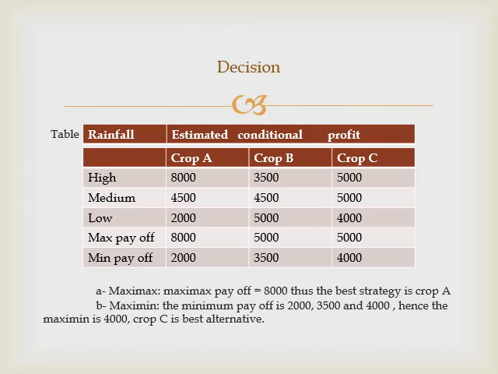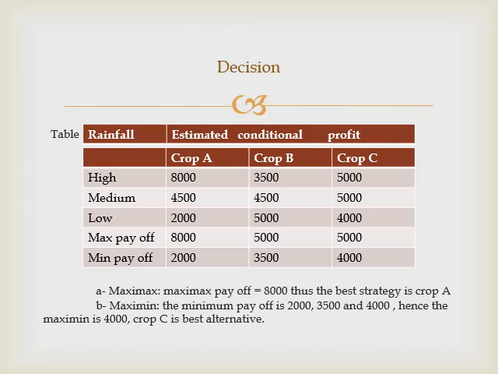The maximum among these min payoffs is 4,000. Hence, the best alternative is C. Do you see how attractive and exciting it is? Very possible, very easy.